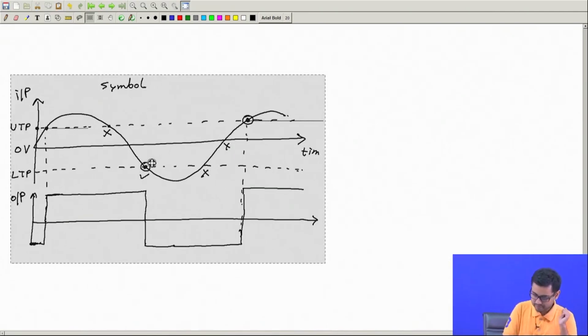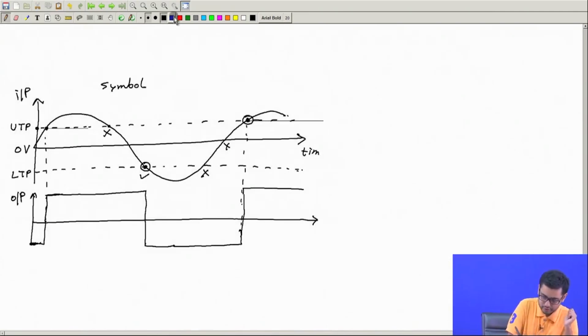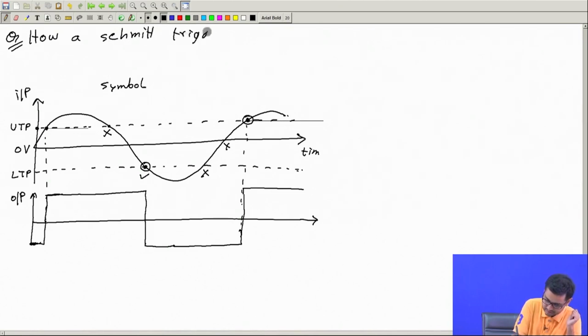What are we discussing now? We are discussing how a Schmitt trigger helps against noisy input.